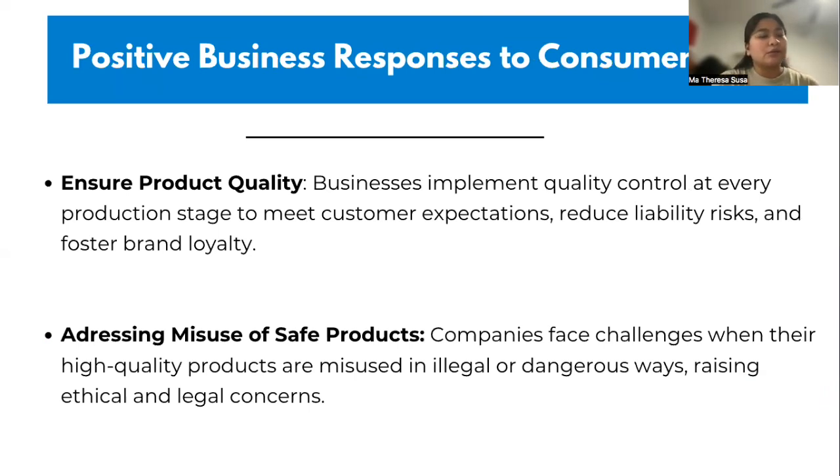You can also meet what the customers want and expect, reduce the liability risk, and foster brand loyalty. Managing for product and service quality is an attempt by business to address its customers' needs.